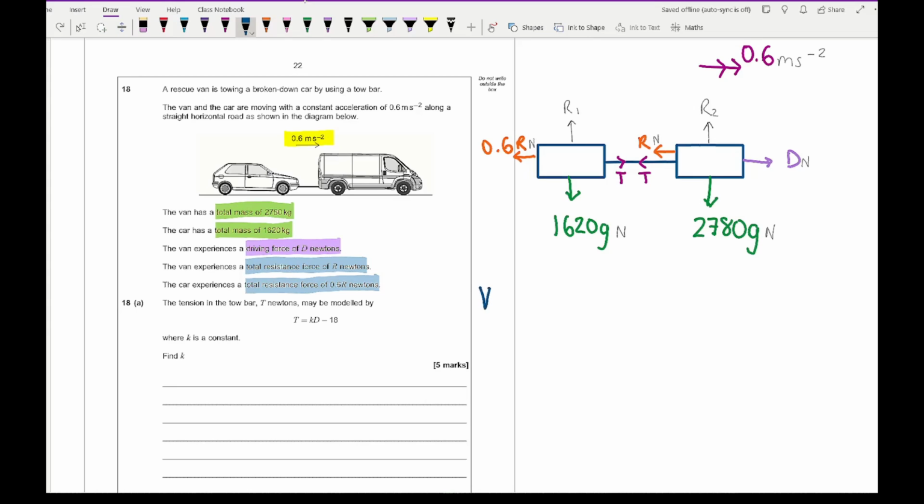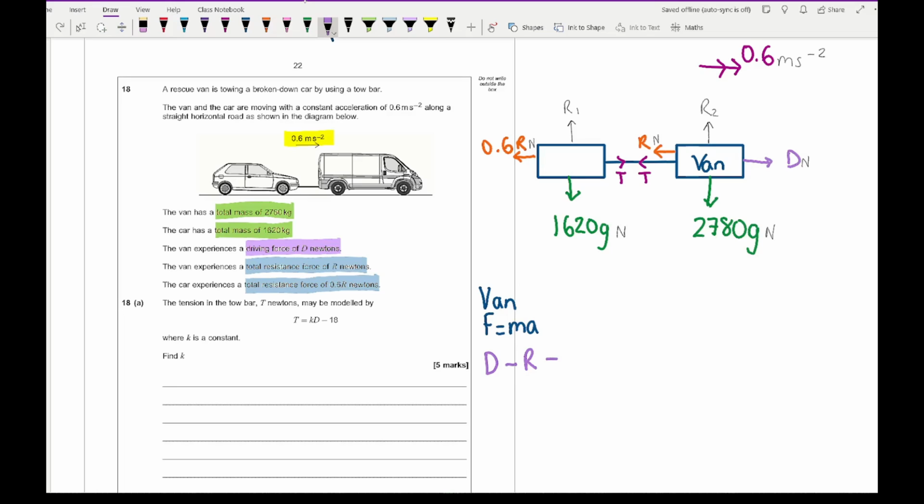If we consider what's happening in the van, which is at the front of our diagram, using F equals ma is where we want to be thinking about our force going forward just on the van. We have that driving force D. Our resistive forces that are on the van, we have the force R, which we need to subtract because it's going in the opposite direction to which the van is moving.